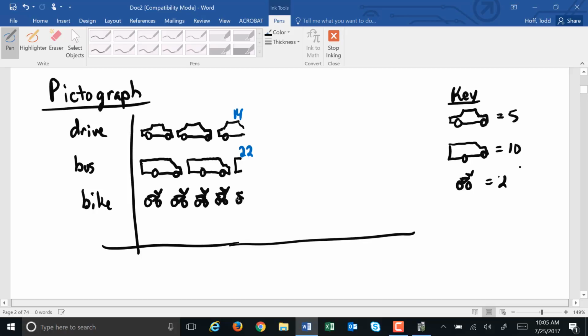So what's that mean? 2, 4, 6, 8, and another one would be 9. You can see what's going on here. All of those are coming out almost in exactly the same spot, but they have different values. The picture's giving me. Now, this is an extreme example of a misleading pictograph.